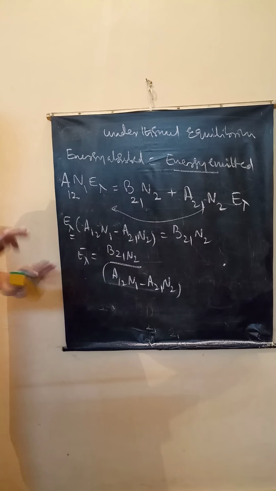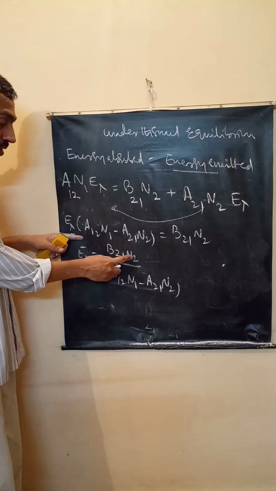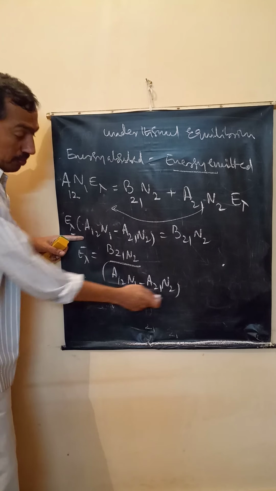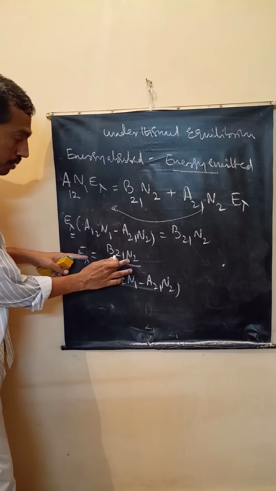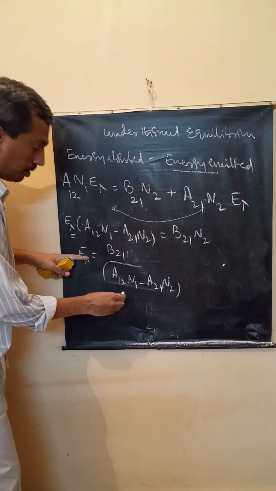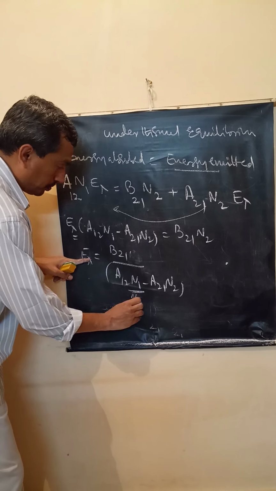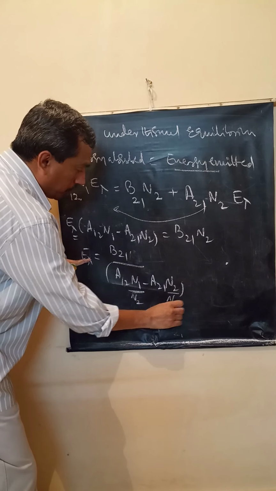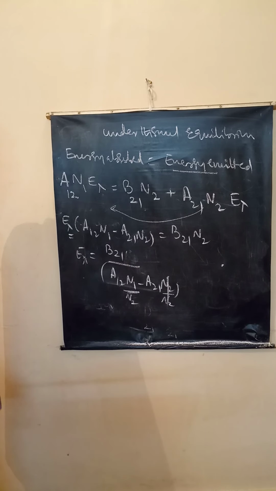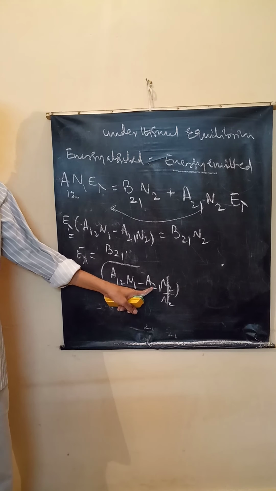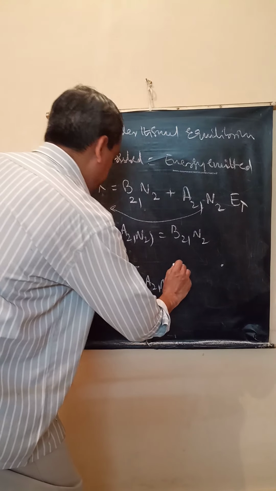Now it is just algebra rearrangement. I will send this N2 to the denominator. What will happen now? Observe this. I will remove N2 here, put N2 here, and here N2. So it is just cancellation, right?